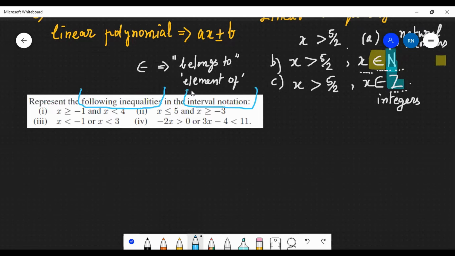What is this interval notation? Okay, so there is an interval notation they say. How to give? Once again let us take help from the number line, then you will understand the interval better.